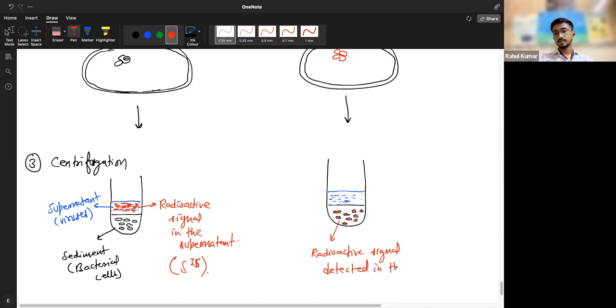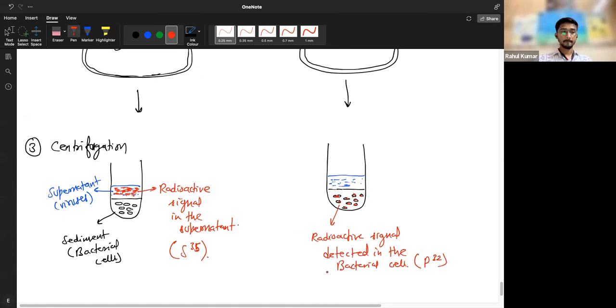Detected in the bacterial cell. And what did we use here? Radioactive phosphorus P32, which marks the DNA. Okay.